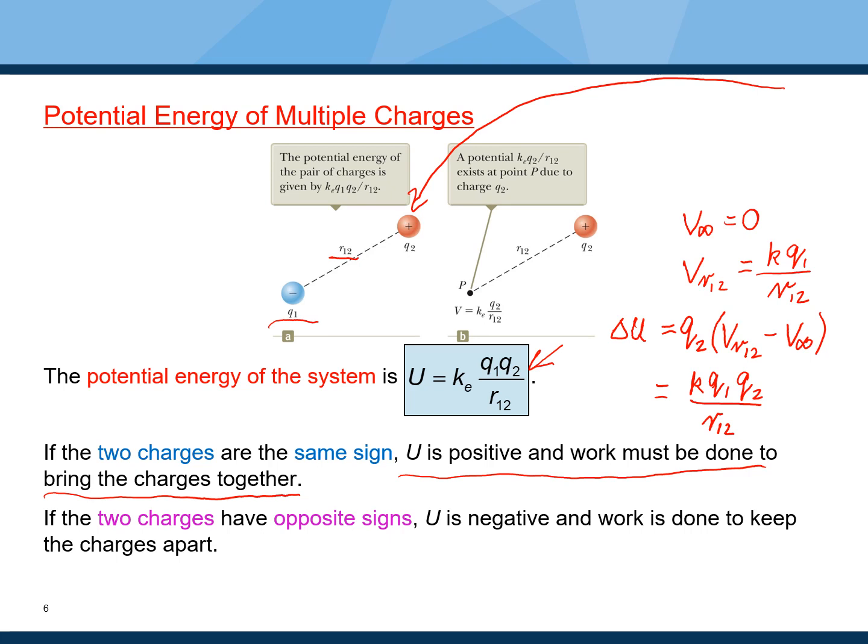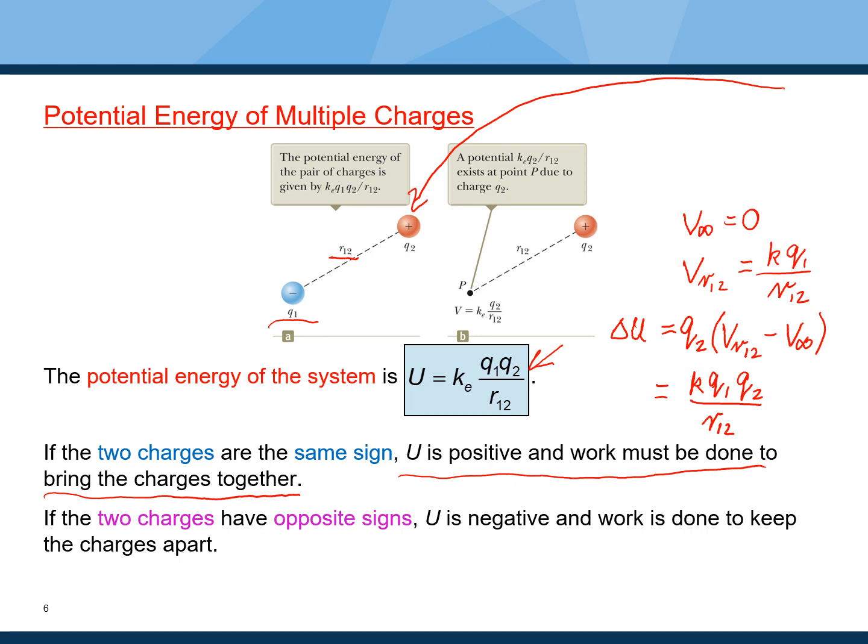On the other hand, if the two charges have opposite signs, then you see that the potential energy associated with the system is in fact negative. What does that mean? It basically means that if you want to bring those two charges together, if you release them from infinity, those two charges will naturally want to attract towards each other and come together, and essentially you have to do work in order to keep them apart.